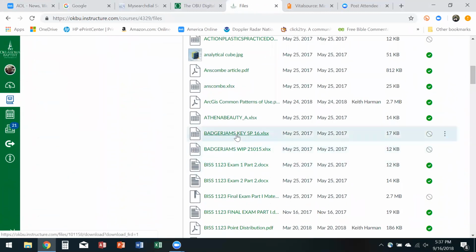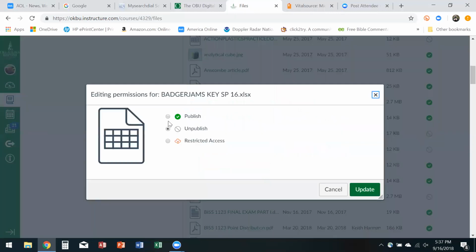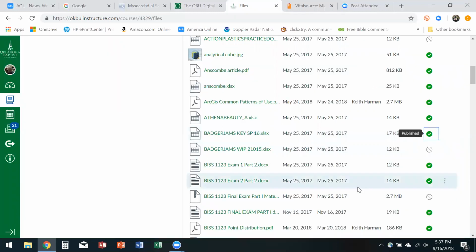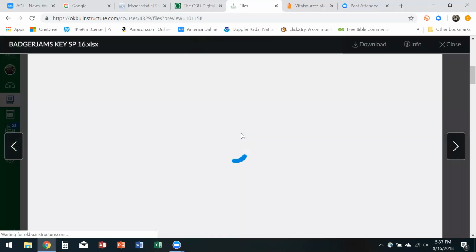And here it is. This is Badger Jams. I'm going to go ahead and make this visible. Okay, and let's open that, and then I'm going to download it.